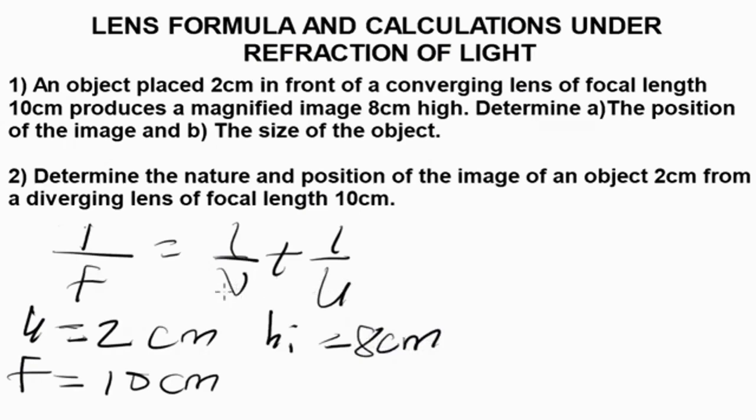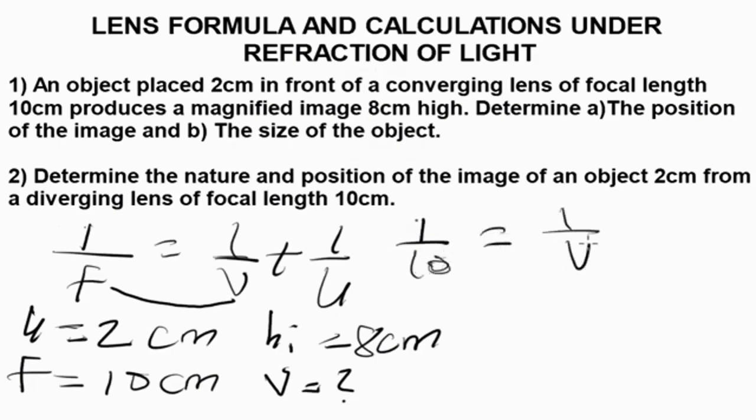So to begin with, to get the position of the image, we are looking for the image distance. That's the position, which is unknown. So let's substitute the values we have here for u, object distance, and focal length respectively in this lens formula. So you're going to have 1 over our f, which is 10, equals 1 over v plus 1 over our u, which is 2.